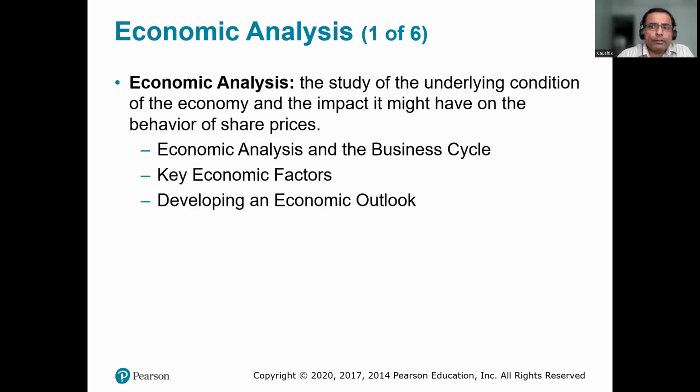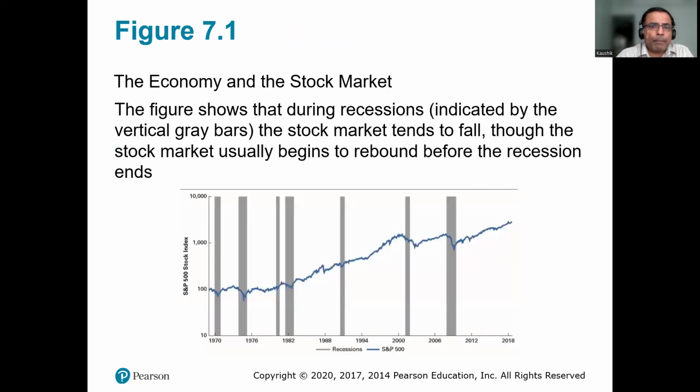So now we look at the first stage of security analysis, that is economic analysis. So we look at the underlying economic condition and how it can impact share prices. So if you notice in this graph, the dark bands represent economic downturn or recession.